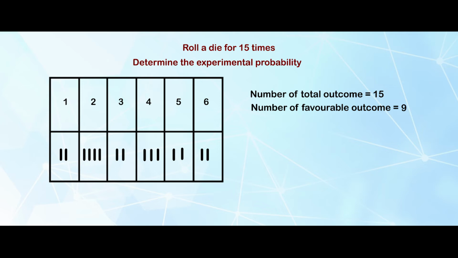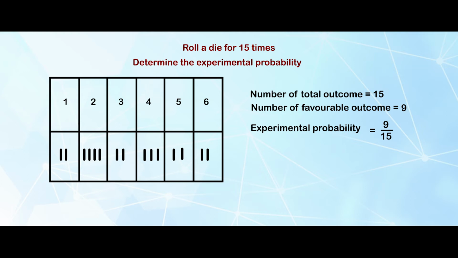Now, since we have listed down the number of total outcomes and favorable outcomes, you can easily determine the experimental probability. So the experimental probability here is the number of favorable outcomes, which is 9, over the number of total outcomes, which is 15.